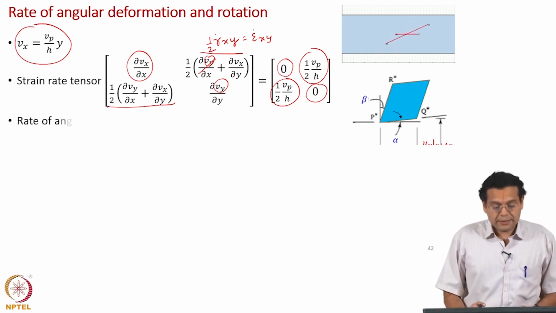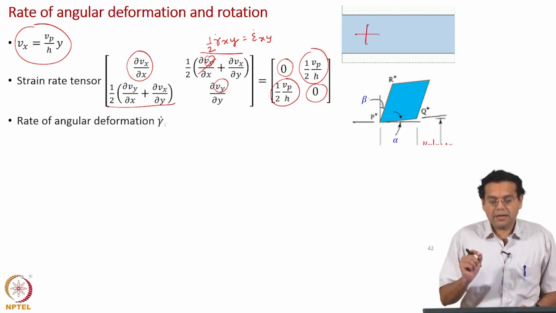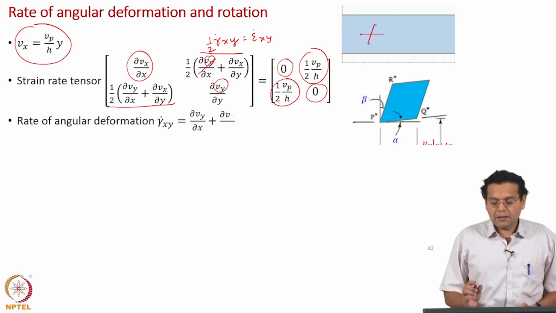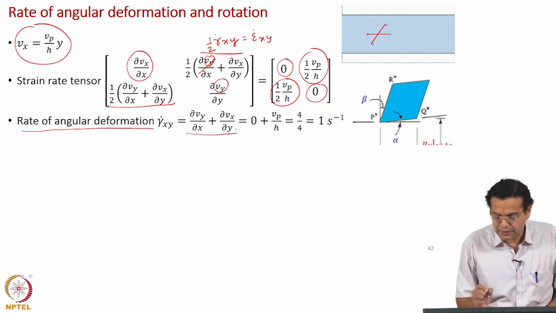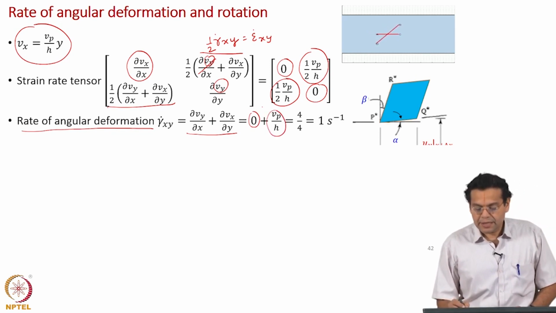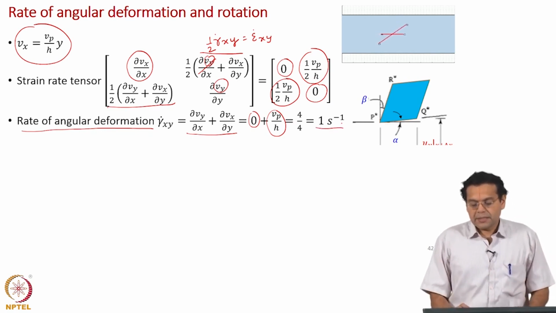So, if you calculate the rate of angular deformation, remember epsilon dot xy is gamma dot xy by 2. When we say rate of angular deformation, it represents only these two terms. Of course, this is 0 as we have discussed. Second term is just partial derivative with respect to y, Vp by h. In this case, if you substitute the numerical values, you get 1 second inverse.